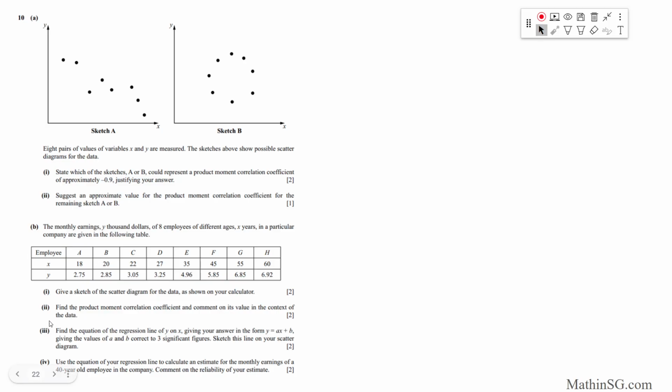Now let's go on to part 2. Find the product moment correlation coefficient and comment on its value in the context of the data. So basically just put these values in and then use your GC to do a linear regression. Then you can get your R value, which is the product moment correlation coefficient.